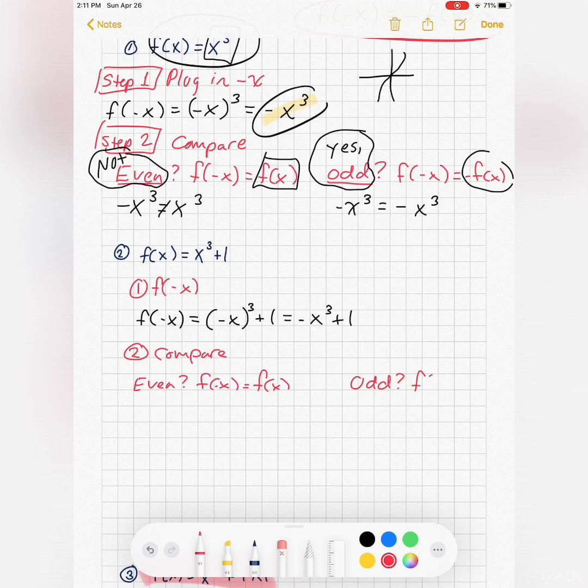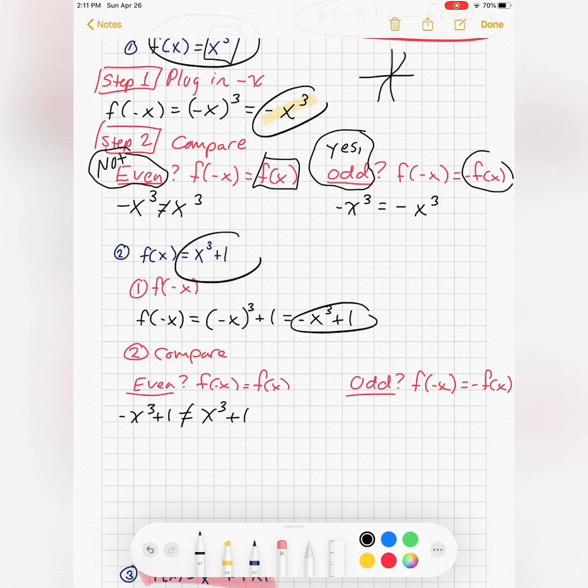Is it odd? Is f of negative x the negative of f of x? Okay, so I write out each of these in terms of this function. Okay, f of negative x was negative x cubed plus 1. Is that equal to x cubed plus 1? No, not even.